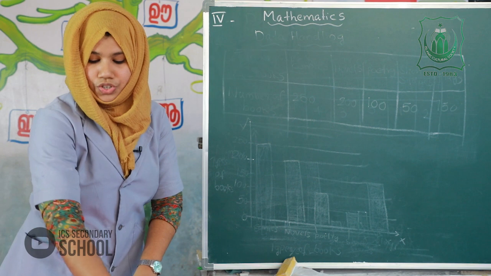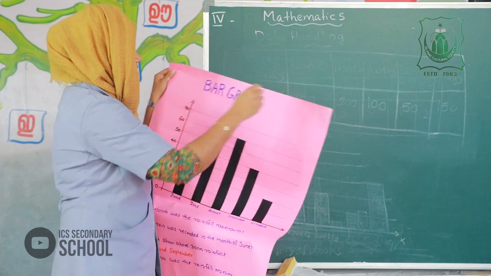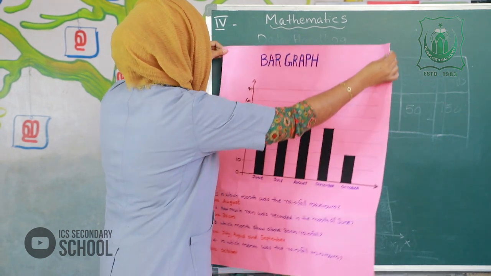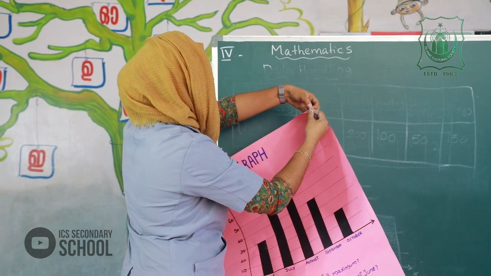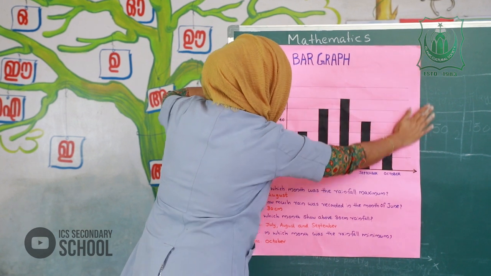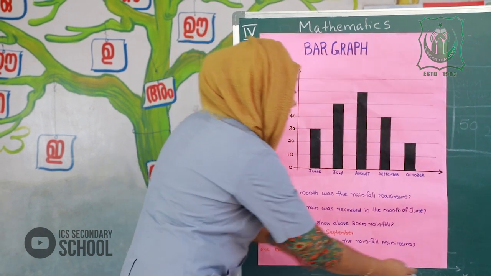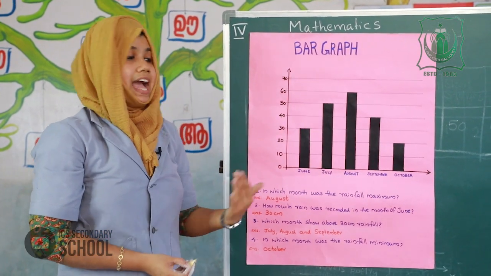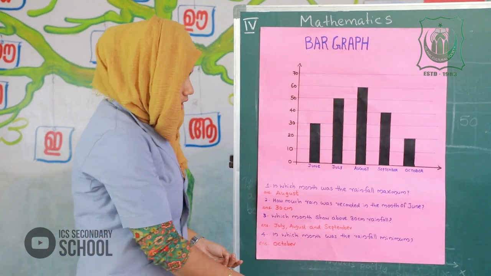Now, I will show a bar graph and based on that bar graph, there are some questions. So, here a bar graph is given. You will be given a bar graph and based on that bar graph you have to find out the answers.